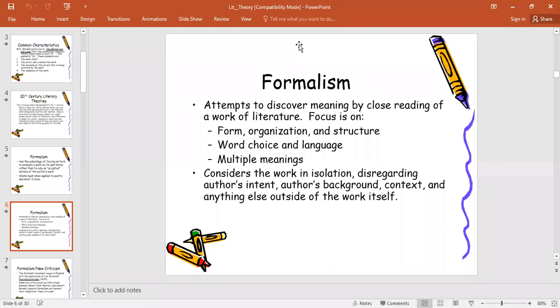Context means circumstances, or content. Context means that environment. So these are the three most important things which are kept into consideration while going through any piece of literature.